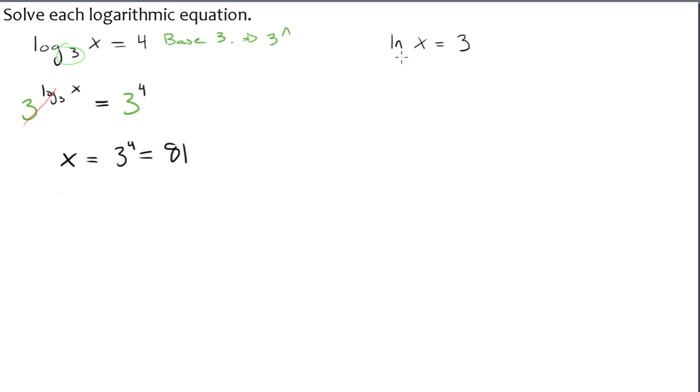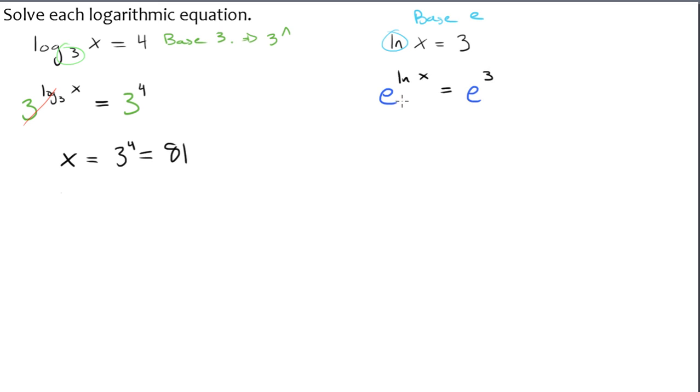On the right here, we've got the natural log of x is equal to 3. And remember, for a natural log, this is base e. So I'm going to say e to the natural log of x is equal to e to the 3rd power.